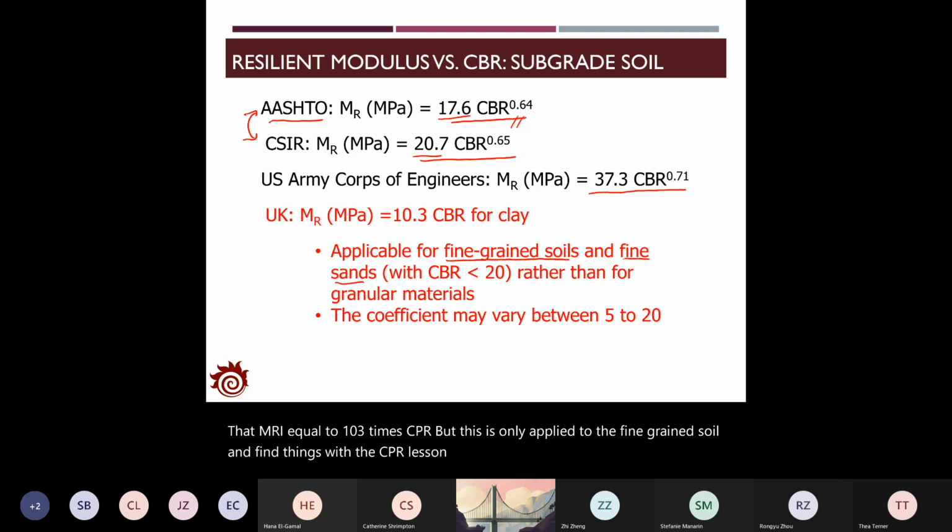If the CBR is larger than 20, such as some coarse materials or granular materials, then we cannot apply this linear relationship. And the coefficient is not a constant, as it could change with respect to different types of soils. Basically, the coefficient may vary between 5 and 20.